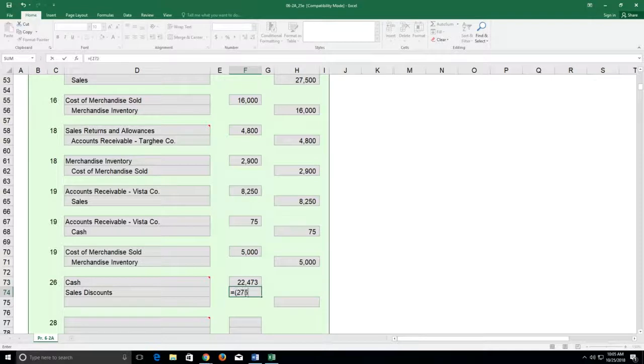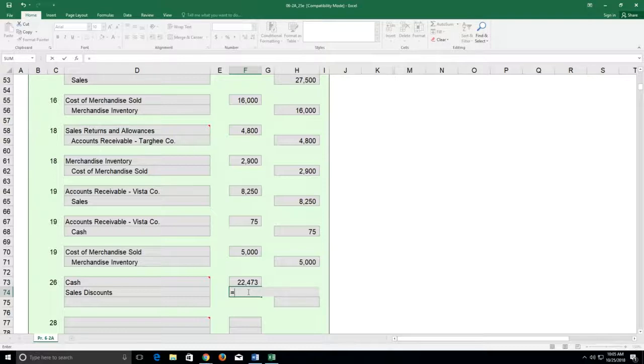So we're going to write that formula as well. It's going to equal the $27,500 minus the $4,800 times 0.02. Oops, I went wrong. Happens.